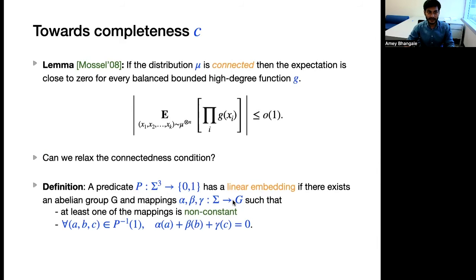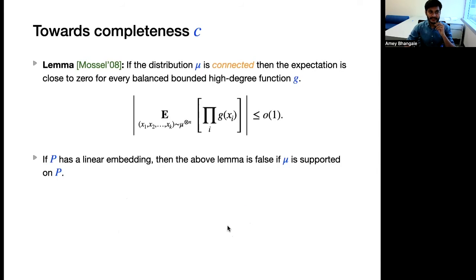So let's say a predicate has a linear embedding if there exists an abelian group G and mappings alpha, beta, gamma that map this domain sigma to this group, such that first the mappings are non-trivial, meaning at least one of the mappings is non-constant, and for every satisfying assignment A, B, C, if we look at the corresponding group elements, then they always add up to 0. And this is addition over this abelian group G, and 0 is the identity element of this group G.